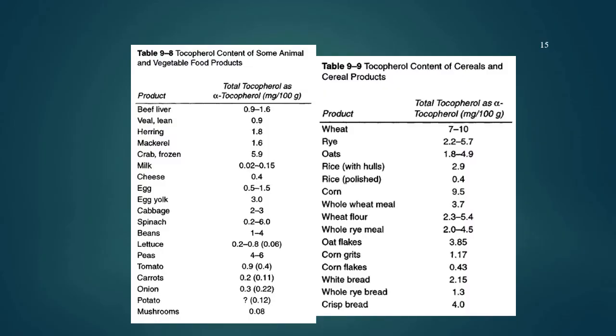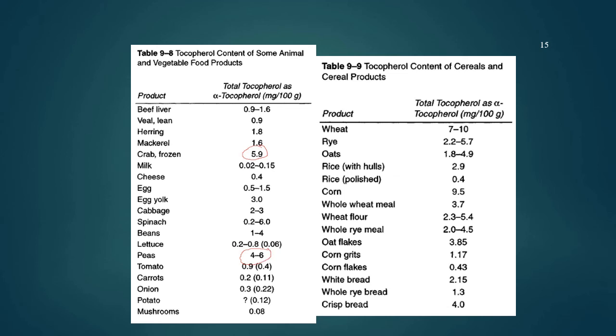Okay, these are some of the tocopherol contents that can be found in selected food products. If you look at the table here, the foods that contain the most alpha tocopherol are crab and also peas.